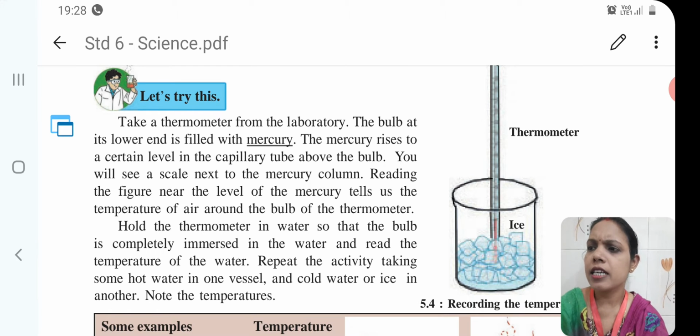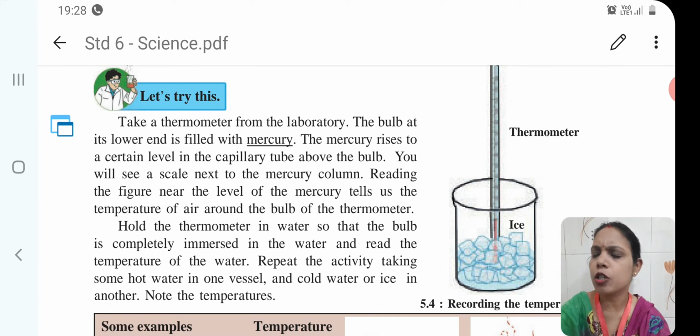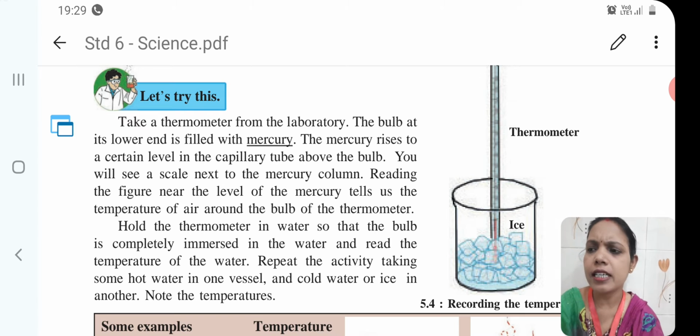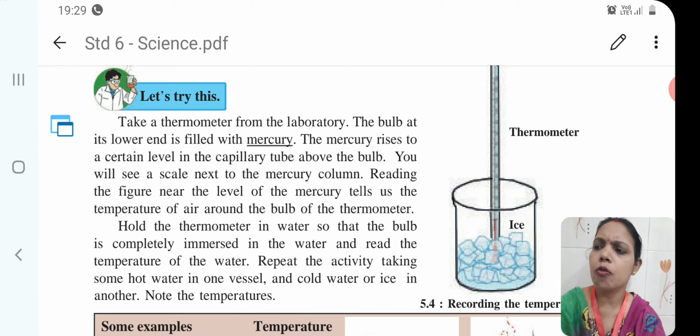You will see a scale next to the mercury column. Reading the figure near the level of the mercury tells us the temperature of the air around the bulb of the thermometer. Hold the thermometer in water so that the bulb is completely immersed in the water, and read the temperature of the water.